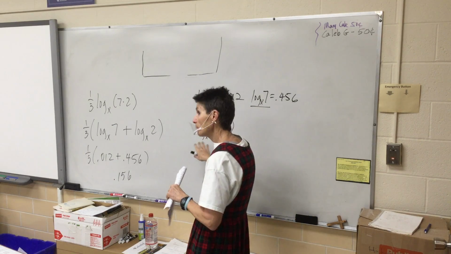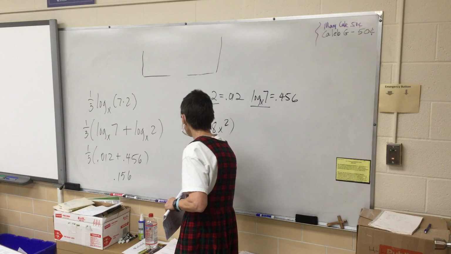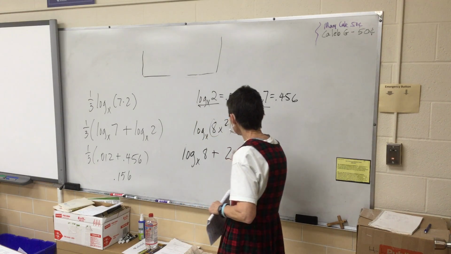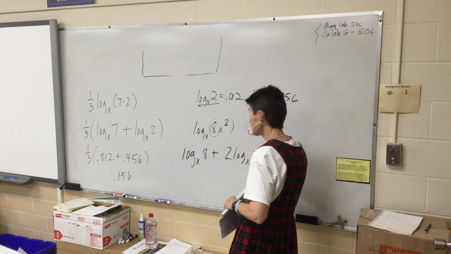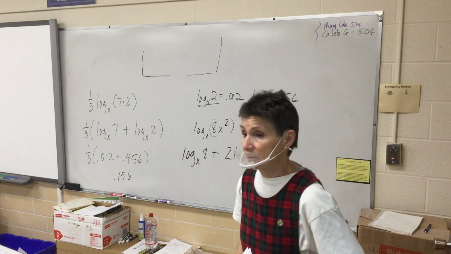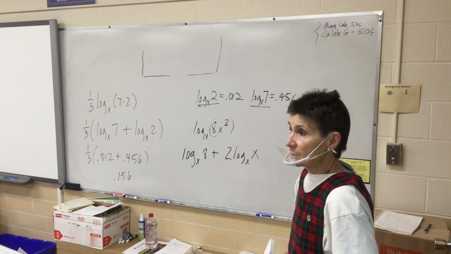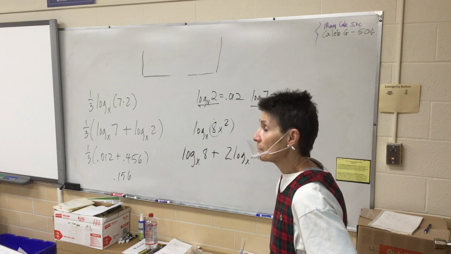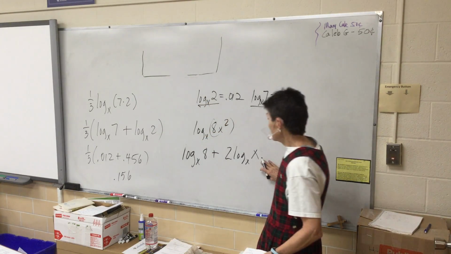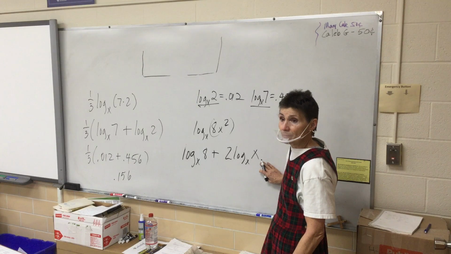So if I want to break this up, can I break it up as the log base x of 8 plus 2 log base x of x? Can I do that? Is that too much? Do you follow that? Pardon me? You don't follow it? Okay.